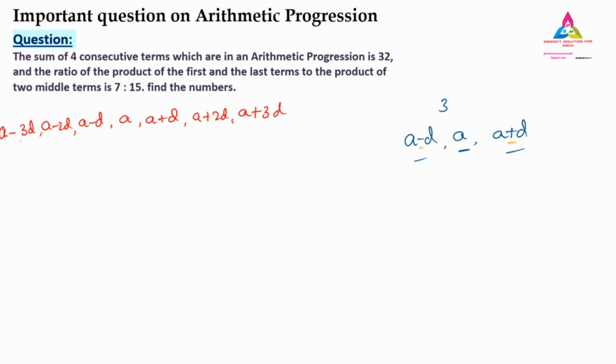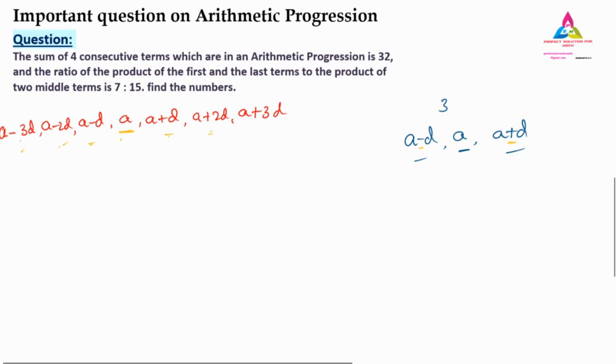Coming to here, you can see 1, 2, 3, 4, 5, 6, 7. What is the middle term here? A. So in this way we have to make it from a: on the right hand side we have 3 terms, on the left hand side we have 3 terms. I am explaining how to remember this. In the exam there is no need to do all this, you can directly write it down. But I am explaining why you have to take it that way.